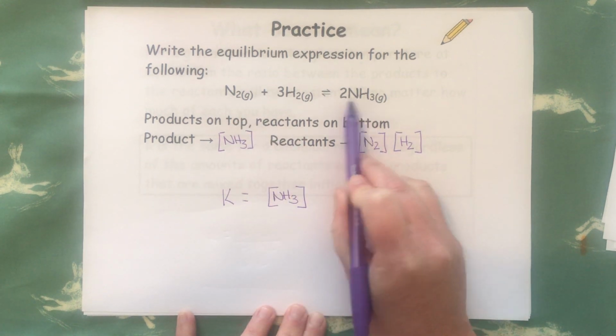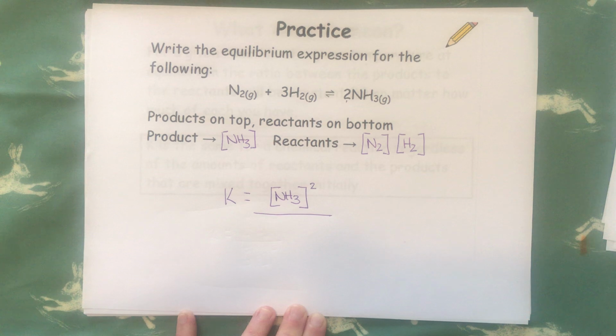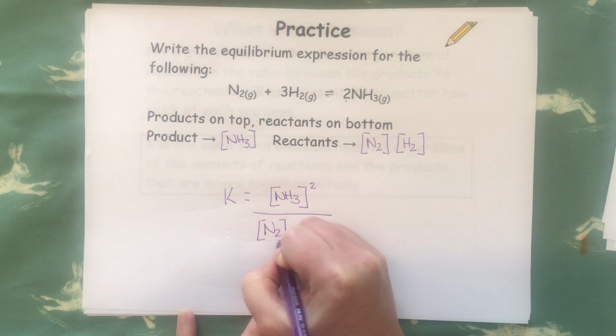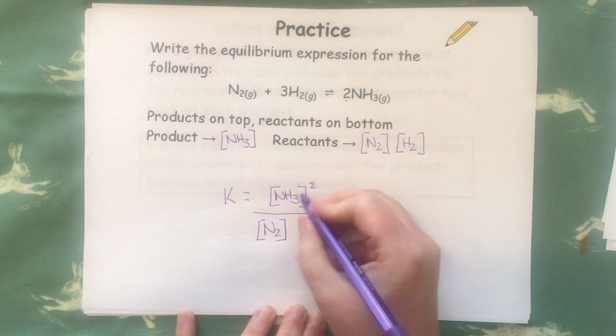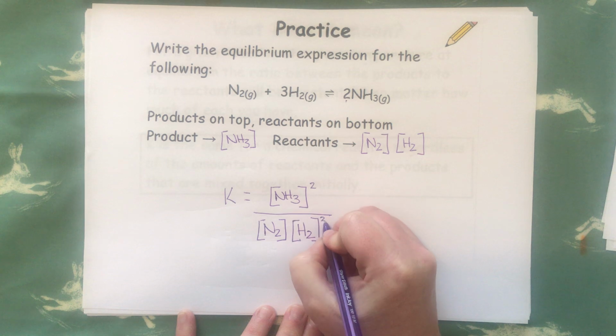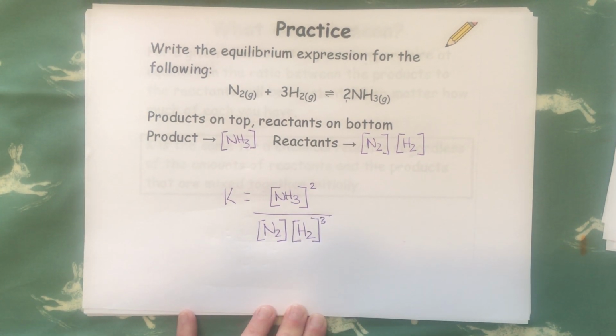We look at our balanced equation, it'll be NH3 to the power of 2, and we divide that by the concentration of our reactants. So N2 has no coefficient in front, and H2 has a 3 in front. This is the equilibrium expression for the formation of ammonia.